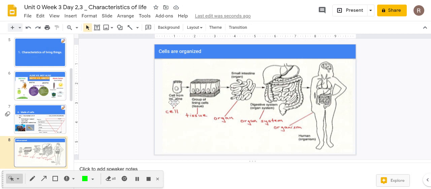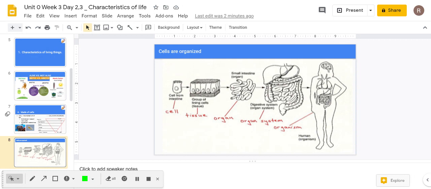Again, we started out with one cell. That cell grouped up with other cells that are just like it. Those cells form an entire piece of tissue. That tissue is then going to group together with other groups of tissue to make an entire organ. Now, we don't just have a small intestine.